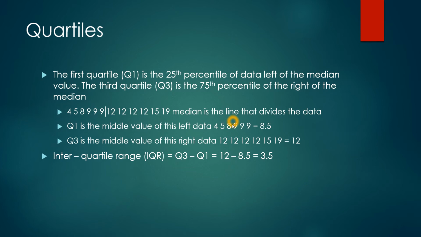The median of the left side is 8.5 and the median of the right side is 12. Now Q1 is 8.5, Q3 is 12. Now we define a new parameter called the interquartile range, which is the difference between Q3 and Q1. So when you subtract, you will get 3.5. That's the interquartile range.